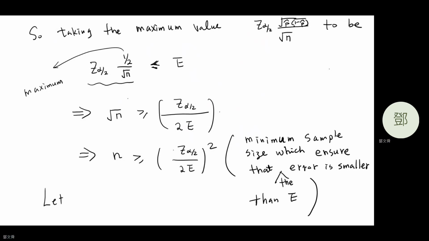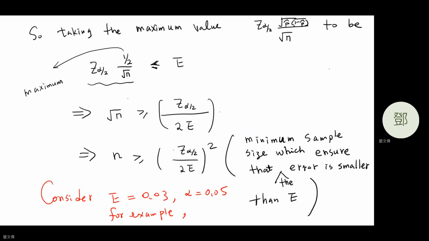Let's consider, for example, E equal 0.03 and alpha equal 0.05.